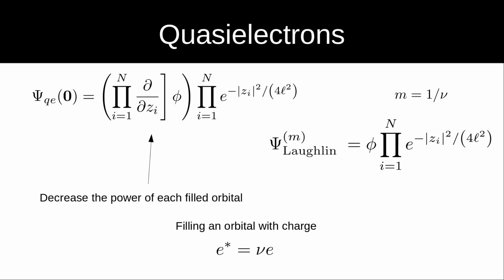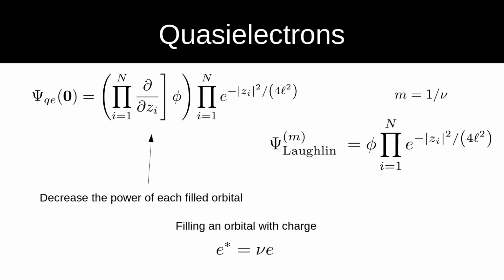You can, of course, have also quasi-electrons. And the simplest way to figure out how a quasi-electron should look is by thinking about what is the inverse of putting a power. In the simplest way, you can think that the inverse of putting a power is removing a power, and you can remove a power by taking a derivative.